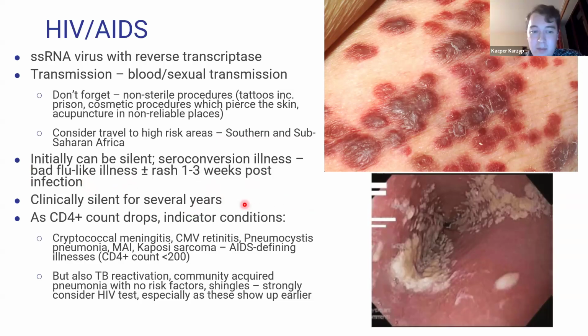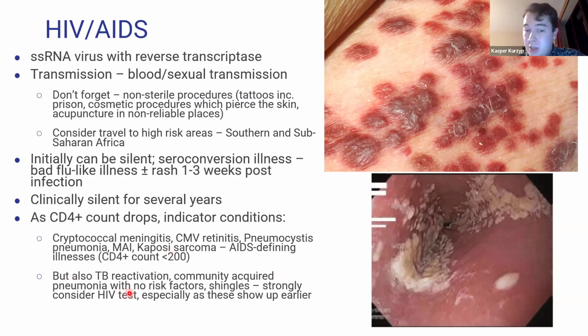It tends to be silent, and as your CD4 T cell count drops, you can get indicator conditions. Here you have your classical things like Kaposi sarcoma, pneumocystis pneumonia, which was the first thing they characterized it of, and cryptococcal meningitis from the slide with India ink. That's when your CD4 count is in the low territory.